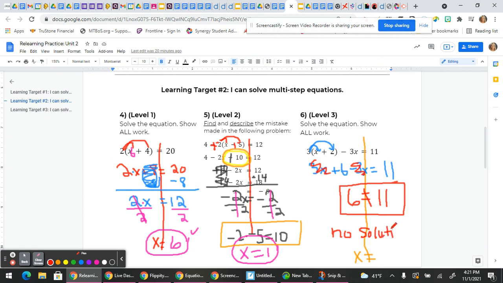So there is no solution for this equation. Because 6 does not equal 11, we're always going to boil down to that right there, and we know that doesn't work. So here, my x is equal to no solution.